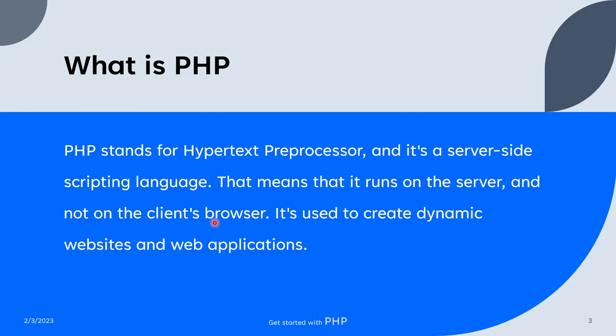But for the PHP scripting language, it is not visible in the client's browser. The logic that is actually powering the web application or website is not visible to the client. All right, again, it is used to create dynamic websites and web applications.